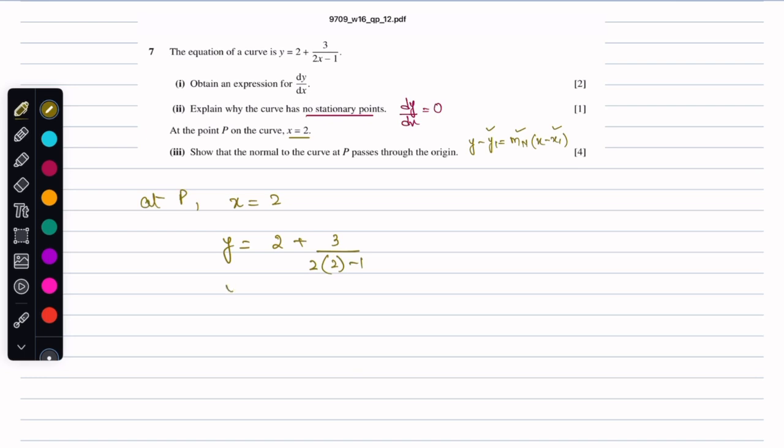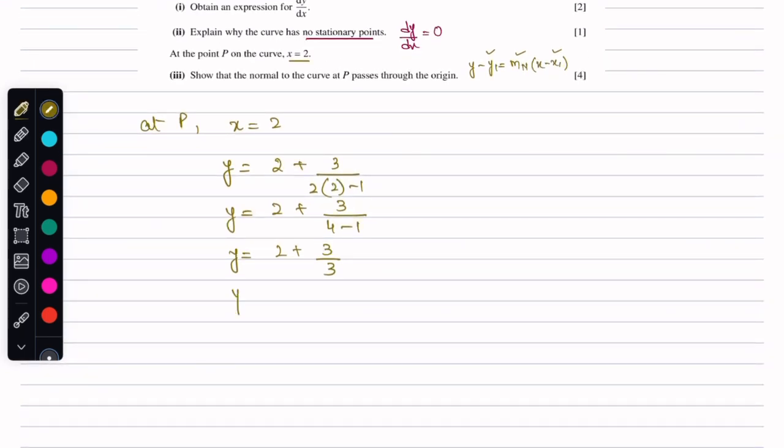And this corresponding y coordinate then becomes 4 minus 1, or I can say it's 2 plus 3 divided by 3, which gives me 1. So y is equal to 2 plus 1, or y is equal to 3. That means the point P has coordinates 2 and 3.